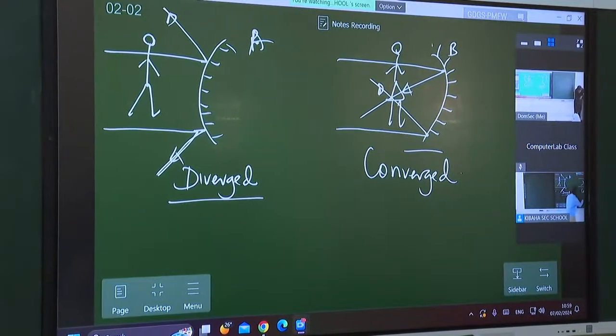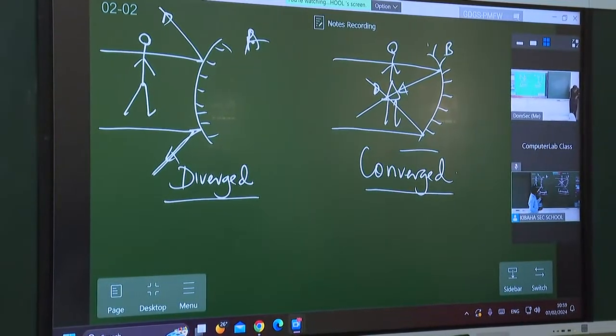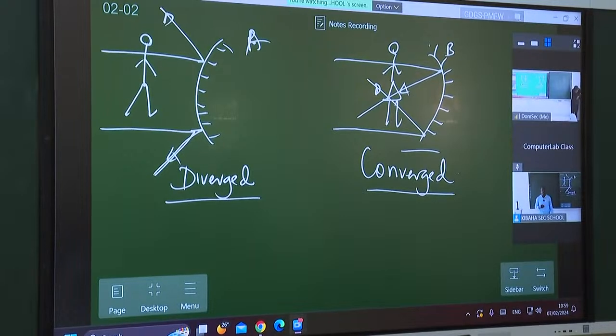So the two concepts of converging and diverging also give a meaning when it comes to these mirrors. Let us review a picture here from our book.